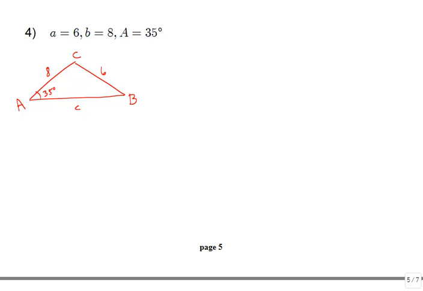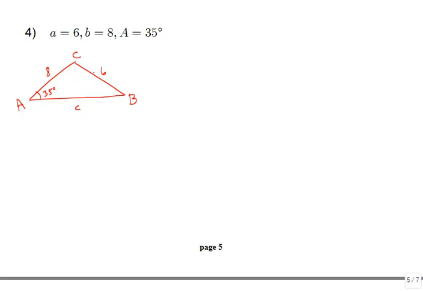So in this one we are given side A is equal to 6, side B is equal to 8, and angle A is equal to 35 degrees. So wherever you draw that 35-degree angle, the side opposite it needs to be the 6, since capital A and little a go together. So these are opposite each other.